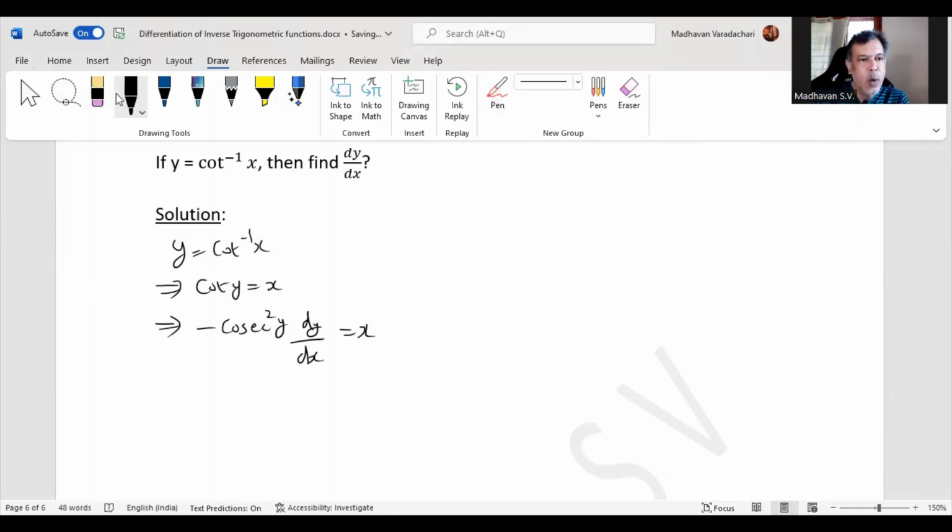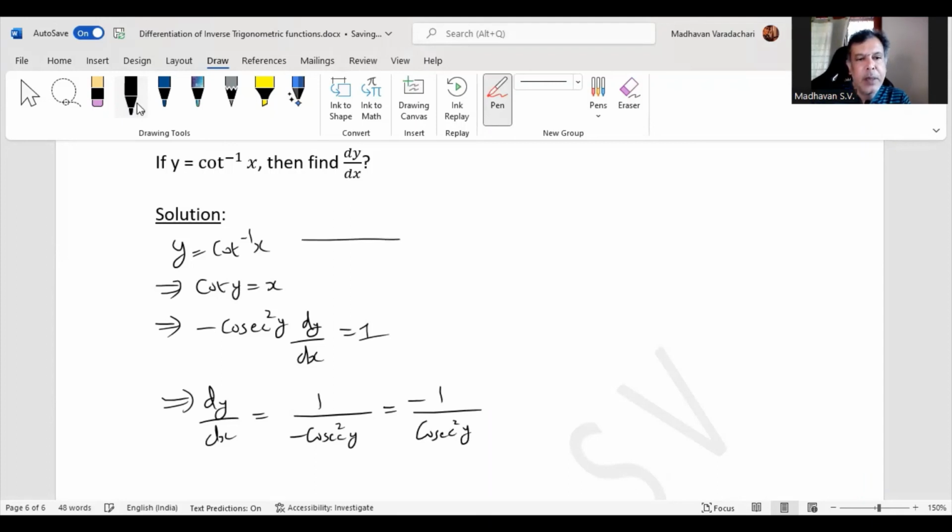I'm sorry, equal to 1. If I differentiate x with respect to x it is 1. So which means dy by dx will be 1 divided by minus cosecant square of y, or we can write it as minus 1 divided by cosecant square of y.